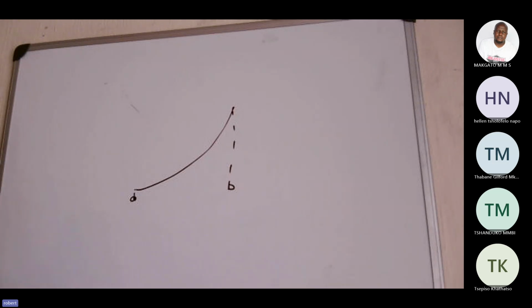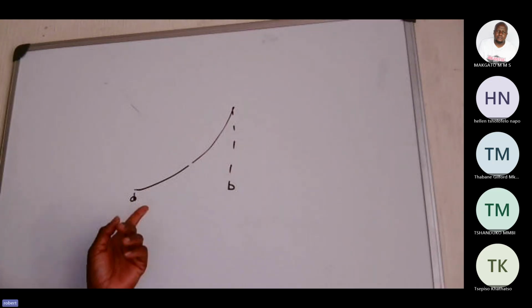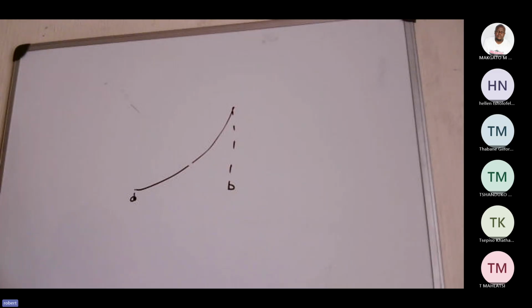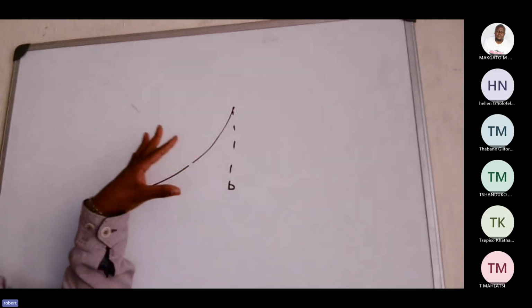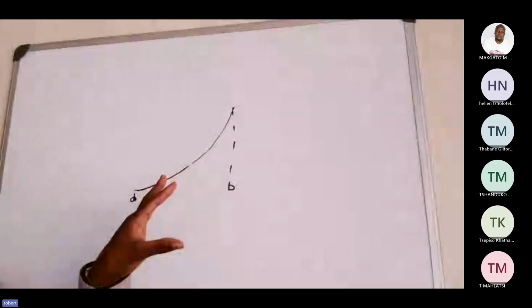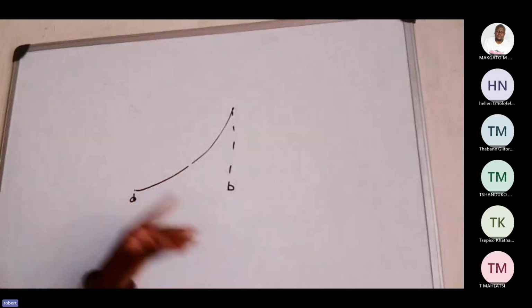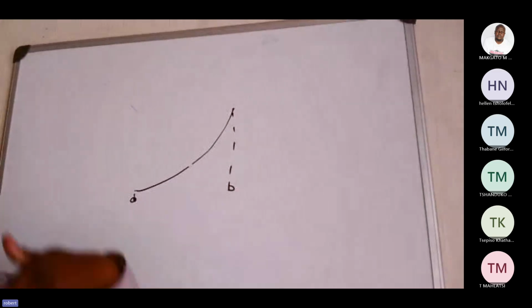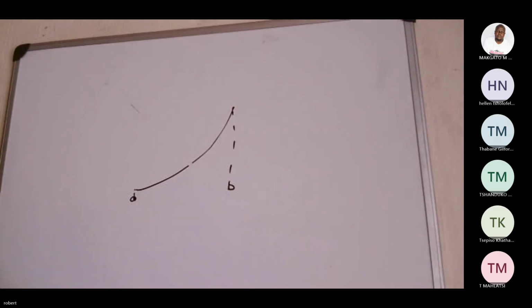But if somewhere there is a hole, then this is not continuous. Therefore, this is not to say you cannot find the definite integral here. You can still find the definite integral from A to B, but that cannot be interpreted as the area under that curve.